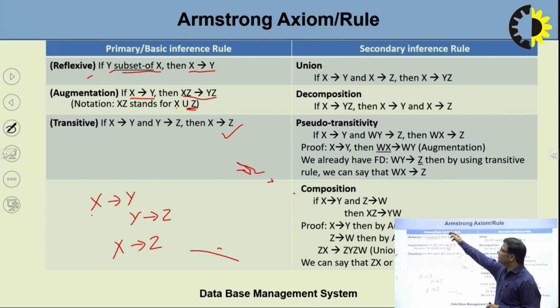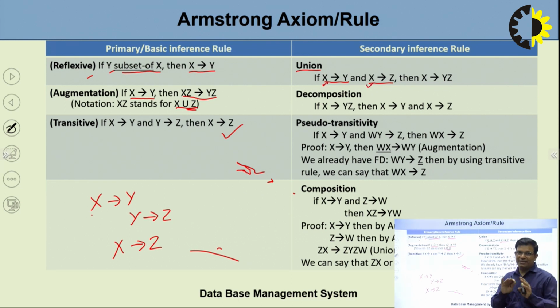On the basis of these three basic inference rules, we can find other rules also. For example, here we have used union. So this is a rule, union. If x tends to y and x tends to z, then x on the left hand side is the same, but the right hand side is y and z. Then x tends to yz. Y and z are unioned at the right hand side.